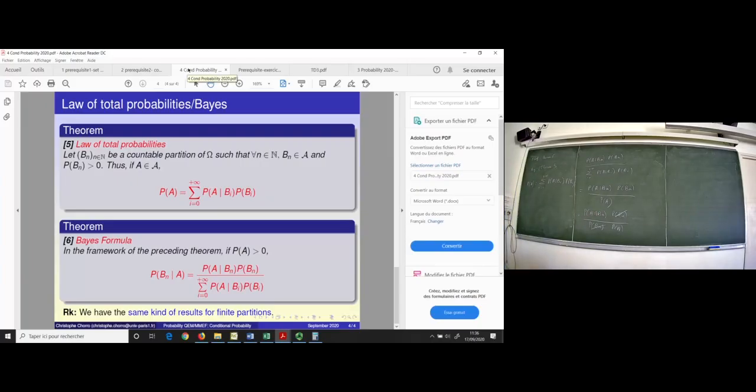The probability of the intersection divided by P of A, by definition of the conditional probability, is just P of Bn given A. So it seems very complicated, but in fact I use just the definition of the conditional probability of a set given another one. Okay?